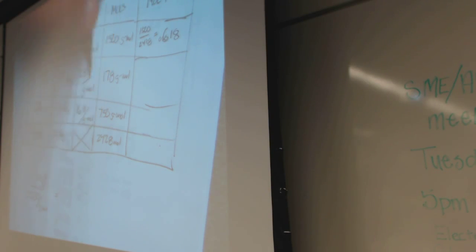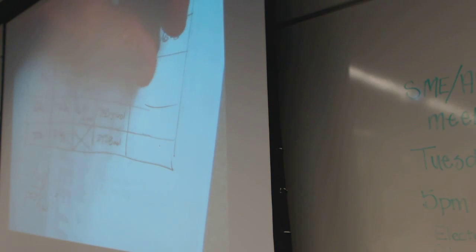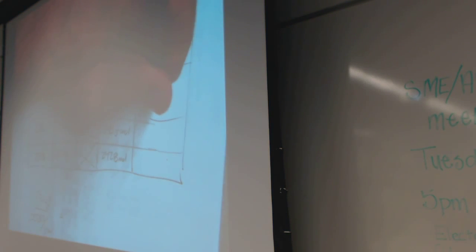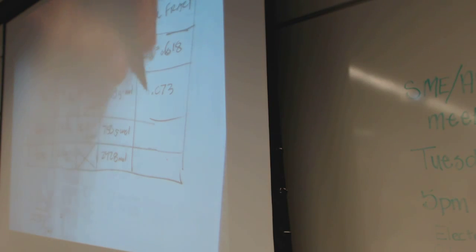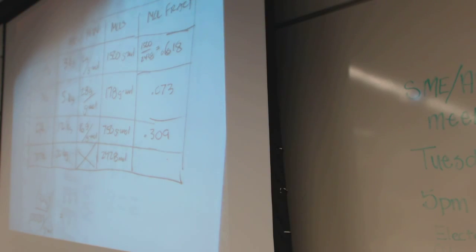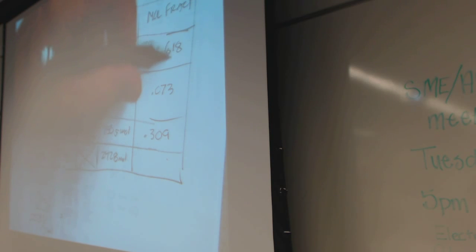And the 178 divided by 2,428 is 0.073. And 750 divided by 2,428 is 0.309.